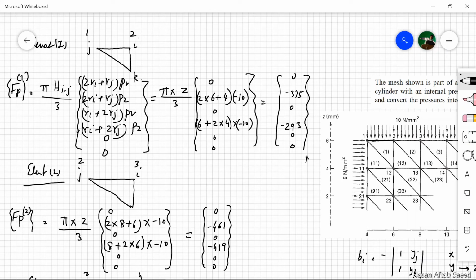And these are all in newtons, these forces.